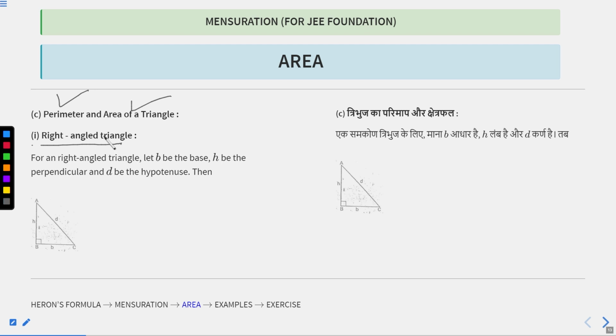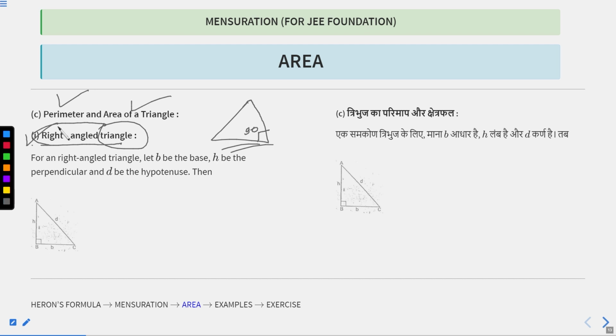So we know what a triangle is. Do we know what a right angle triangle is? It is quite easy. A right angle triangle is a triangle in which any one of the interior angles is 90 degrees. So whenever we see a 90-degree angle inside a triangle, we right away say it is a right angled triangle.